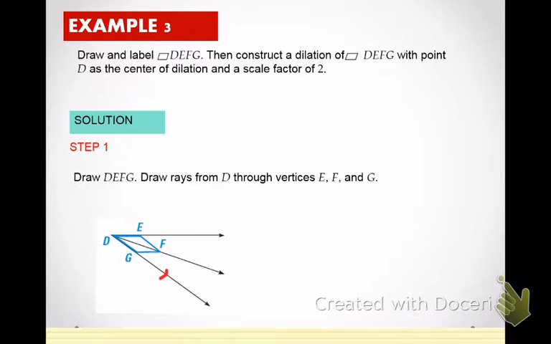So we put a mark with our compass, mark that arc. I take my compass, measure it, mark it. I do that with each line. DF, I double it, and then I double DE. And then I call this G prime, F prime, and E prime.